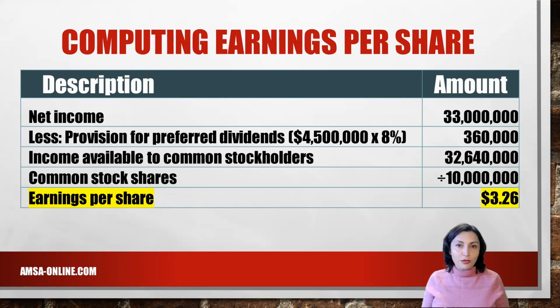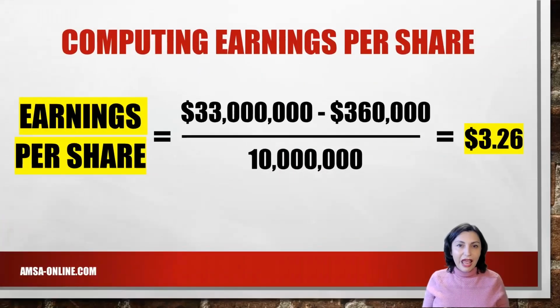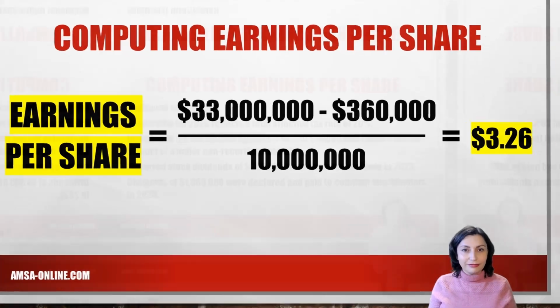The number of common stock shares is 10 million, and earnings per share, or EPS, is $3.26. And this is how it looks when we plug in the numbers. Net income of $33 million less $360,000 preferred dividends divided by 10 million common shares outstanding.